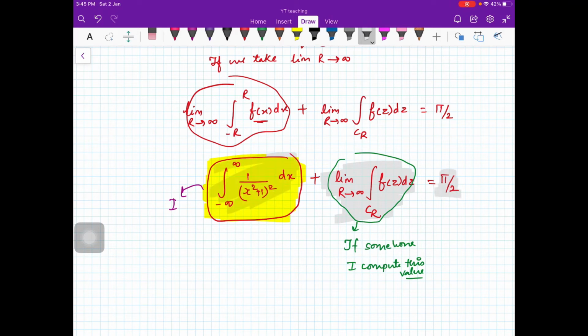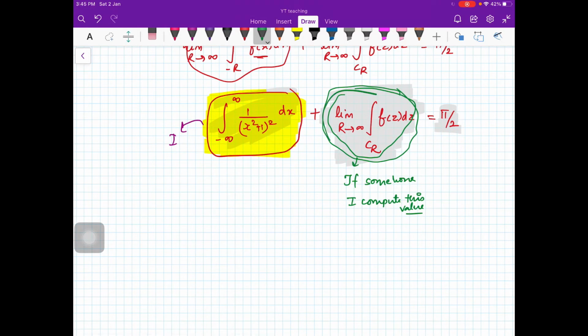Here we have pi by 2, which is a real number. So this integral should also be a real number, because we know that we cannot have a complex number as our answer if we are computing real integrals. So let us try to compute this value, because it is a limit of the integral.